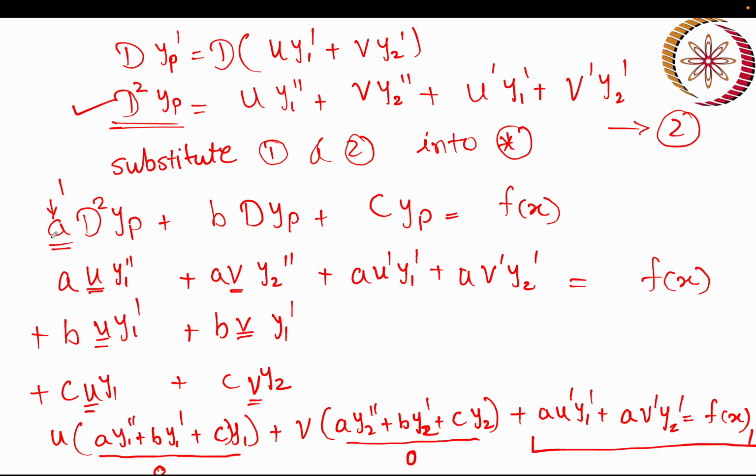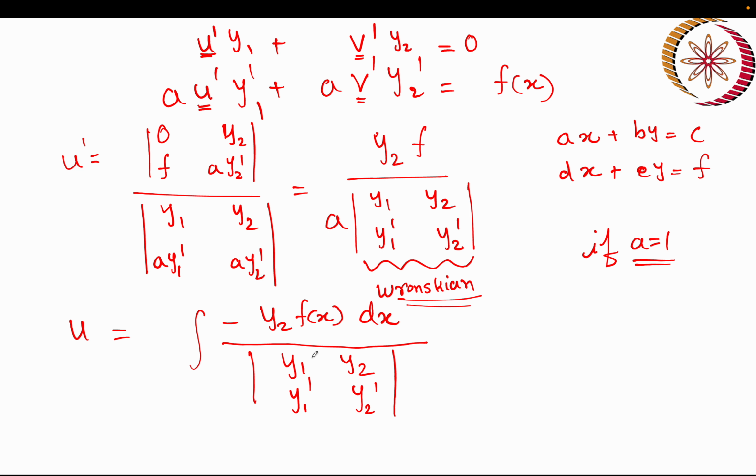So that doesn't matter. If we just say a is equal to 1, then everything will be fine. So I think whatever we did is correct, but if a equals 1, this is what we will get. And similarly we can determine v prime.